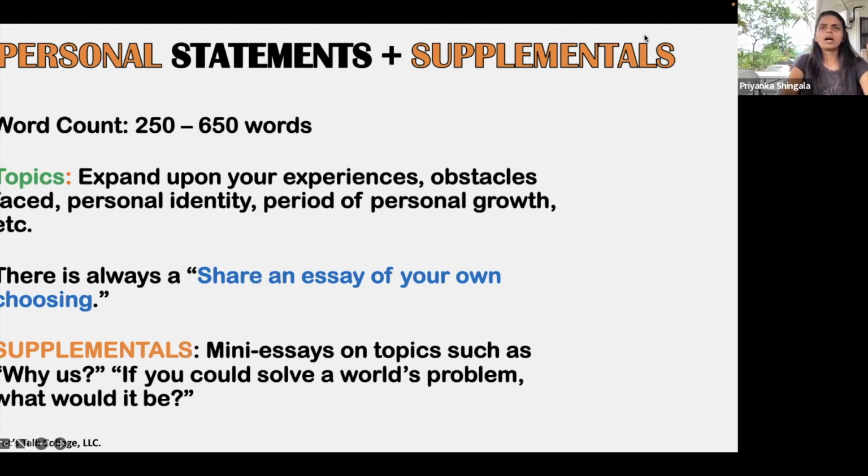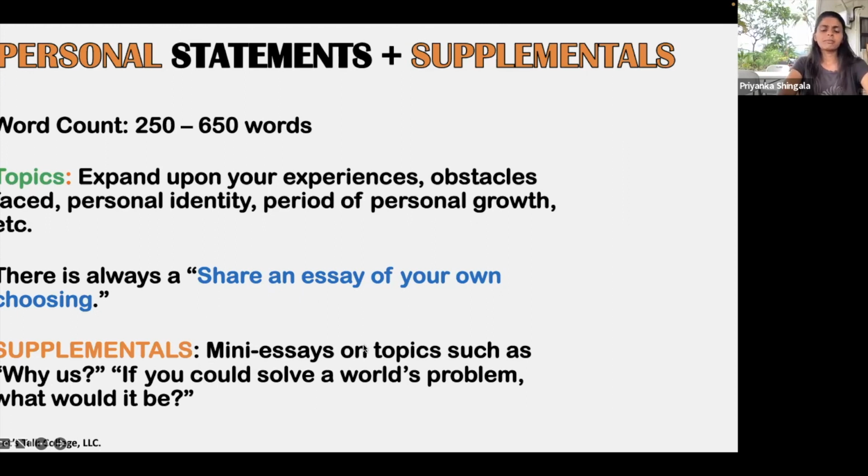There's no, oh, this one is more likely to be acceptable. No. You pick the one you can write about. Option 7 for your topic list is share an essay of your own choice. So that could be anything. I don't really recommend it unless you've run it by your English teacher and so on. But usually you'll have something to say for one of these major topics they ask you about.